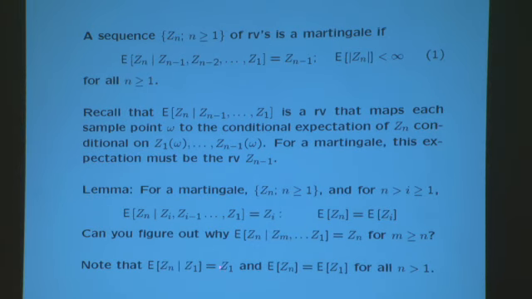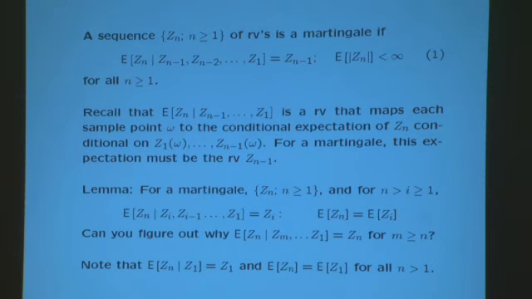Okay, question now. Why is it that if you condition on more random variables than just those in the past, if you condition on things into the future, including Z sub n itself, why is the expected value of Zn given Zm down to Zn down to Z1 equal to Zn and not equal to Zn minus 1?